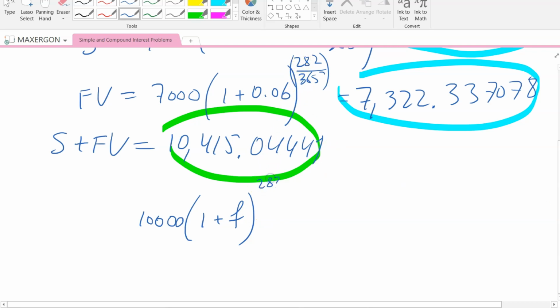So 282 divided by 365 in order to become 10,415.04. We can round here to two decimals, because that's the actual amount which will be picked up from the bank. You cannot pick up more than cents from the bank. So from this equation we need to find f.